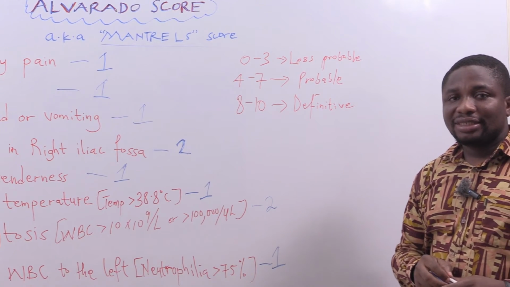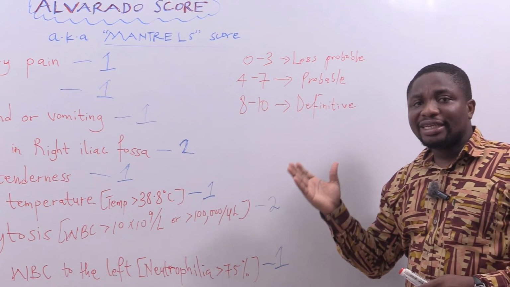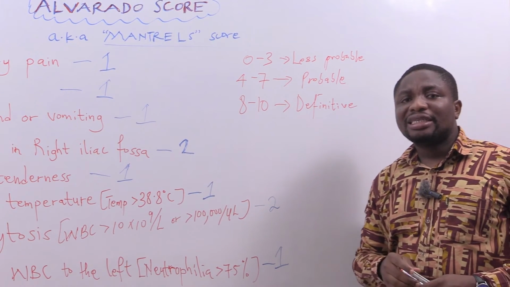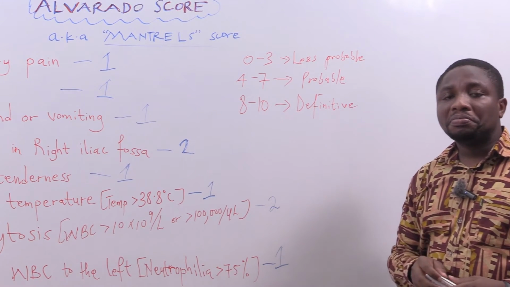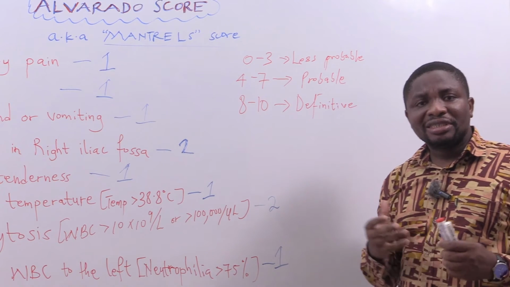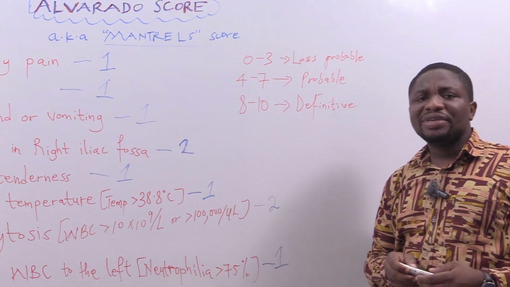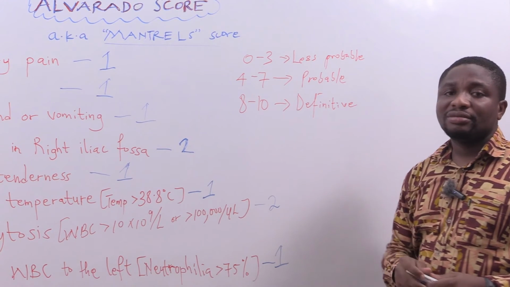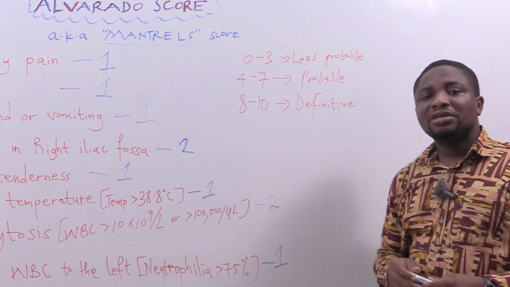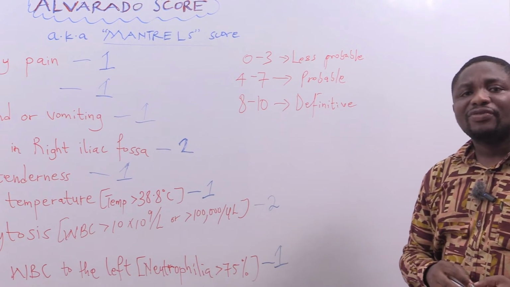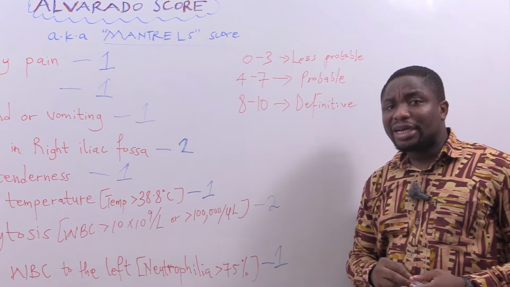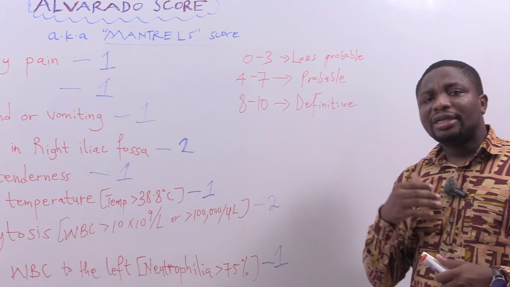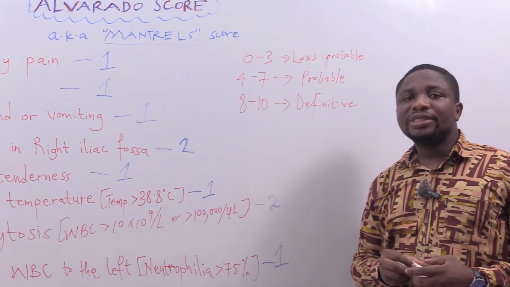should be done. So the interpretation again, the total score of 0 to 3 indicates that acute appendicitis is less probable. Patient requires observation, therefore an inpatient observation needs to be done. A total score of 4 to 7 indicates a probable acute appendicitis, and for that, further investigations are required in the form of a CT scan being done to improve the confidence in the diagnosis.